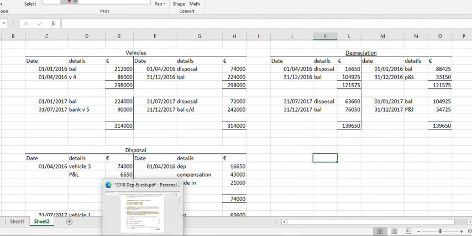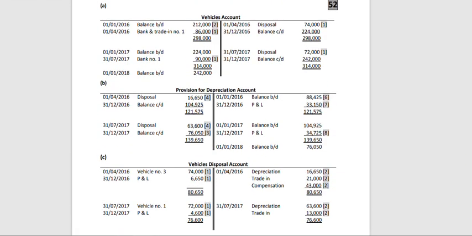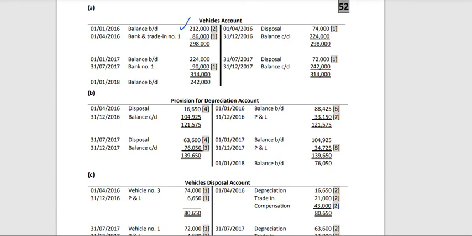So let's look at the marking scheme. So we have all this done. So you can see the marks here. For everything you've got there 2 marks, disposal 1 mark, the trade-in 1 mark, bank 1 mark, disposal 1 mark. So 2, 4, 6 marks in total. The depreciation is the big one. So you're looking at 6 marks, we worked that out, the opening balance, we worked that out, and we worked that out.